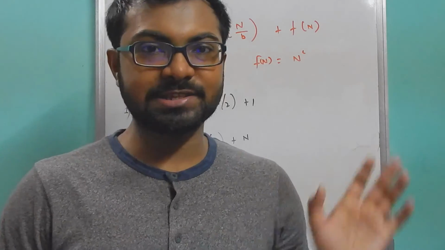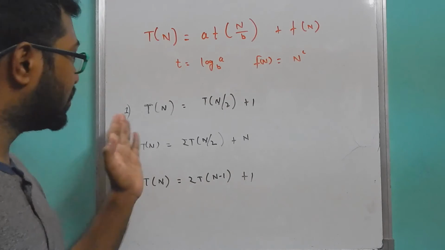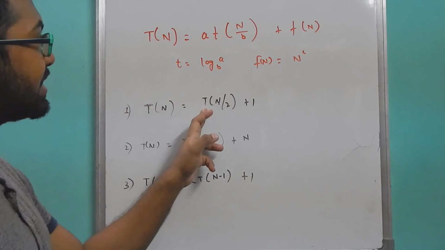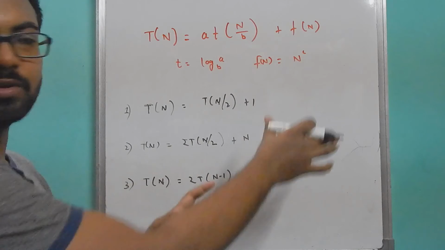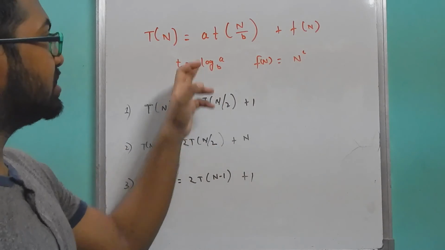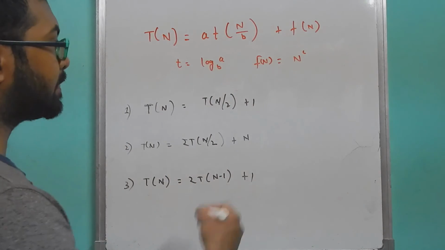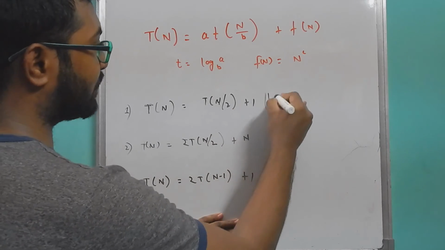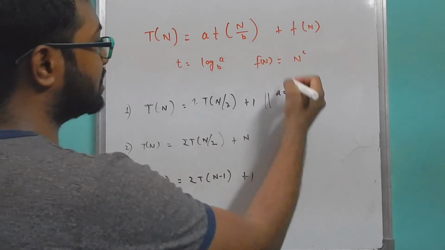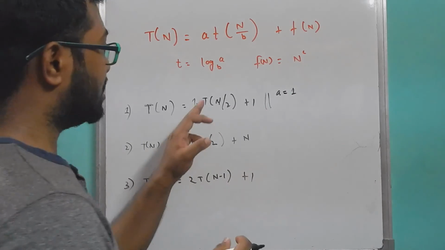So let's take this example. Example number 1. You can see this is the equation, and it is a matching equation to this pattern. For example, this is T(n by 2), n by b, and the function f(n) is equal to 1. So let's see what is the value of a here. a is equal to 1, you can write it as 1 into T. So a is equal to 1.